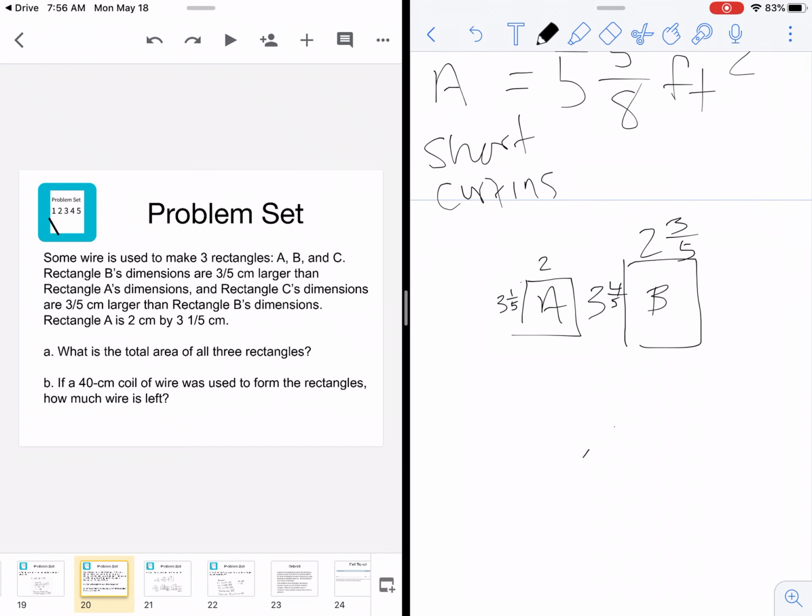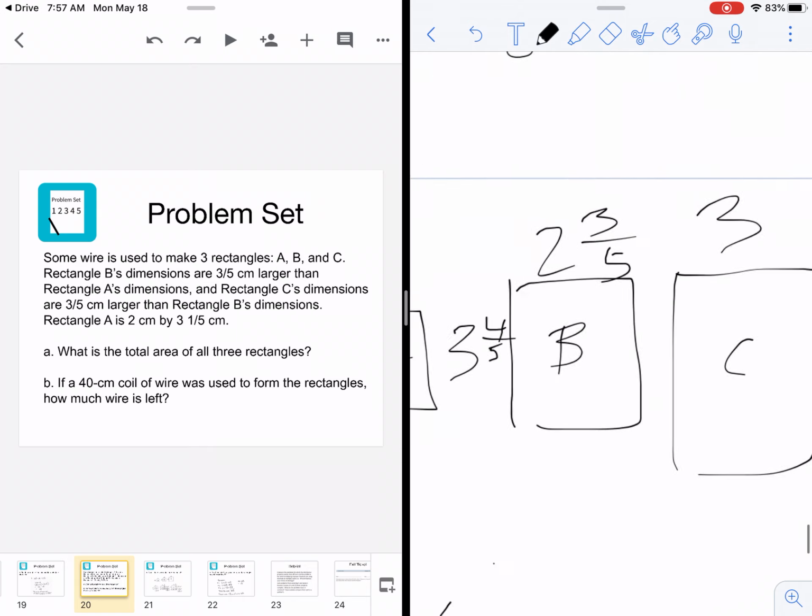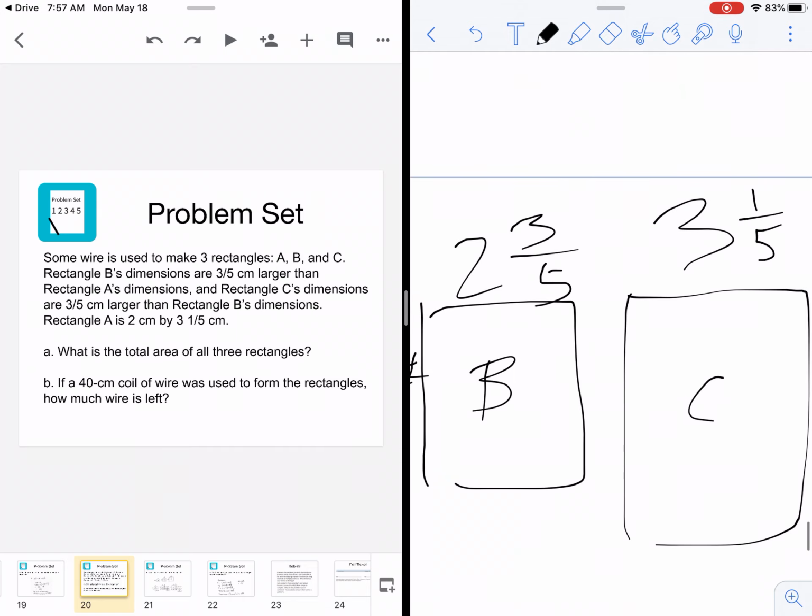And then we have C. Rectangle C's dimensions are 3/5 larger than B's dimensions. So you have to add 3/5 to each side. So 2 and 3/5 plus 3/5 gives us 2 and 6/5, which equals 3 and 1/5.